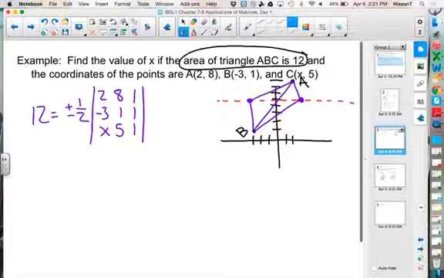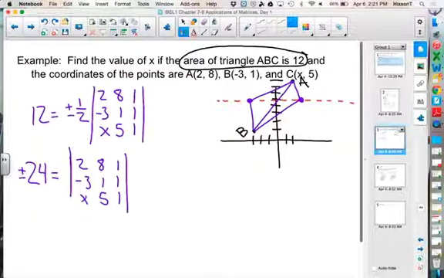Now, you can start solving this even though you have a plus or minus there. Okay? We could multiply by the plus or minus 2 and make this a plus or minus 24 equals the determinant. Does everyone understand that?